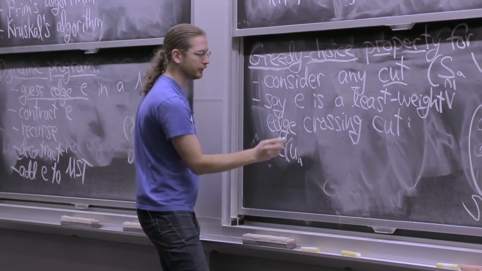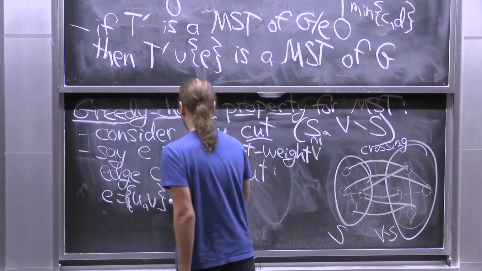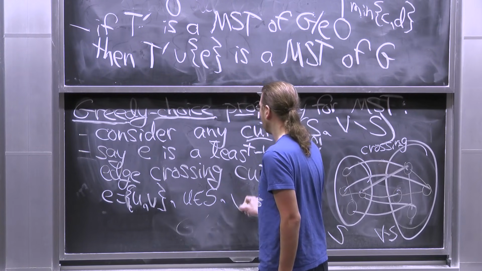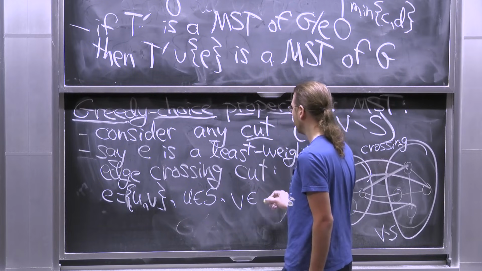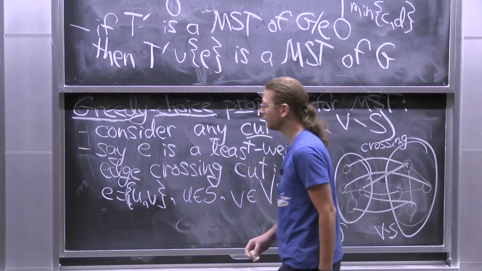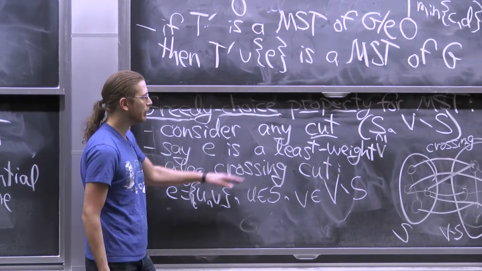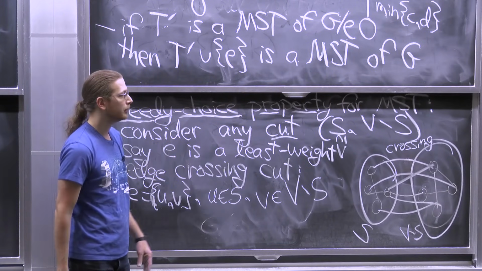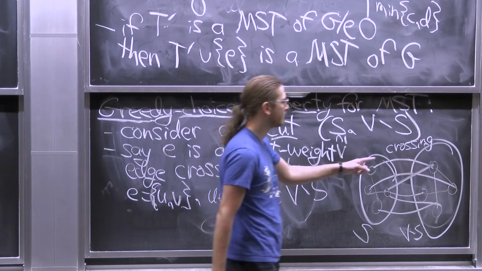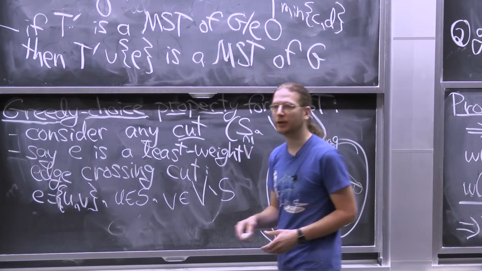If E is UV, then I want one of the endpoints, let's say U, to be in S, and I want the other one to be not in S. So it's in capital V minus S. Okay, that would be a crossing edge. And among all the crossing edges, I want to take one of minimum weight. There might be many, but pick any one. Then I claim that edge is in a minimum spanning tree.